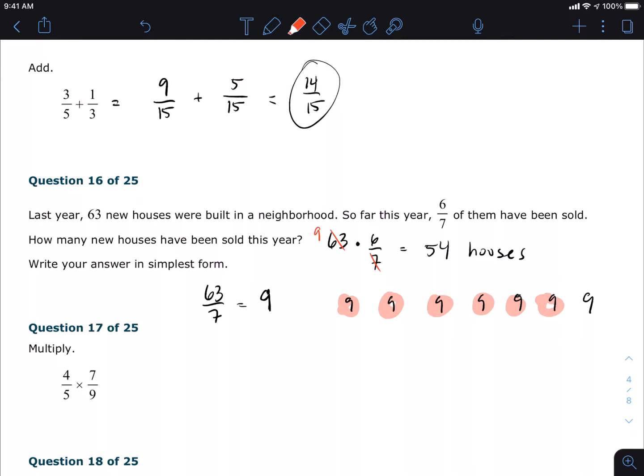That's how many have been sold. One of the 9s is still available to be bought, right? So then what we can do is go, all right, 9 plus 9 is 18, 27, 36, 45, 54. So 54 of the 63 total homes have been sold. You guys with me? All right.